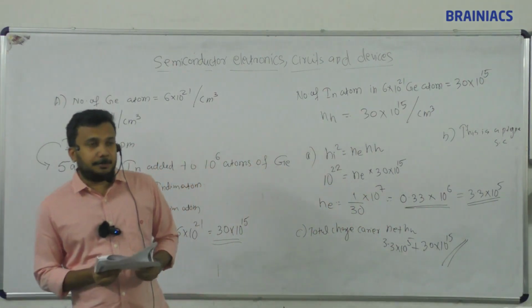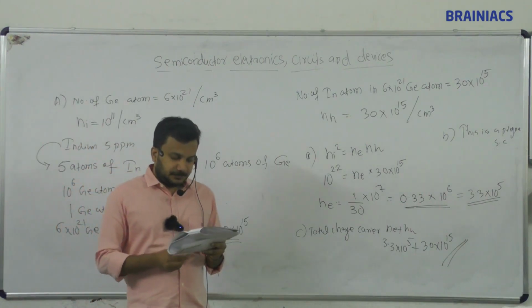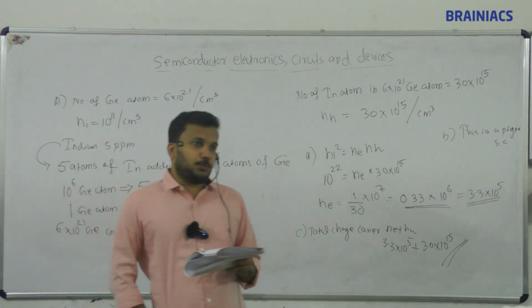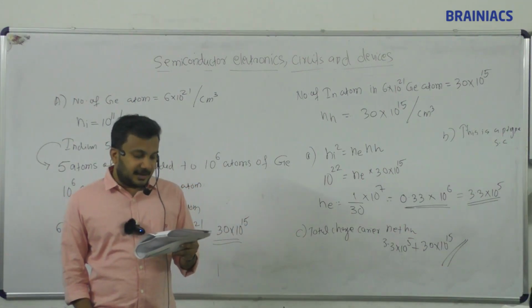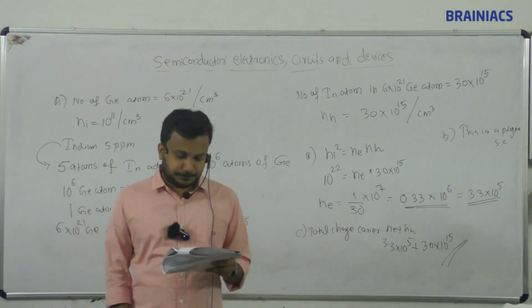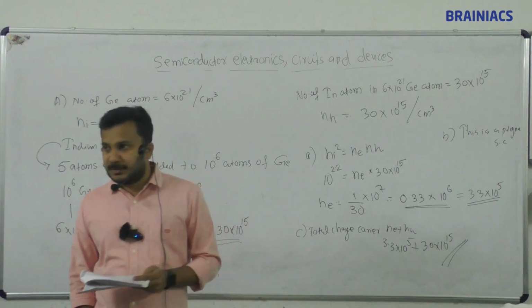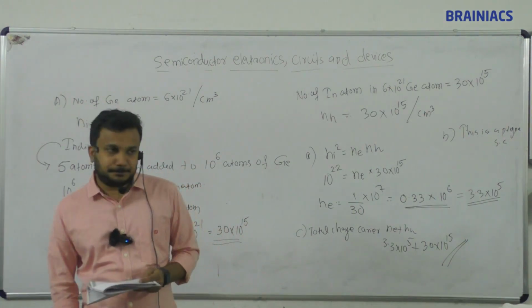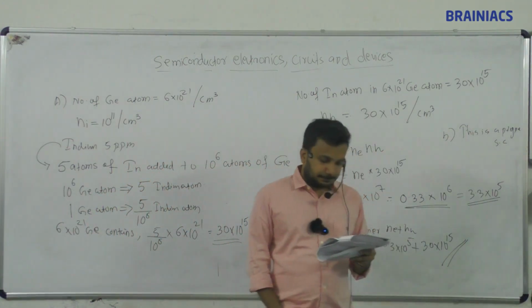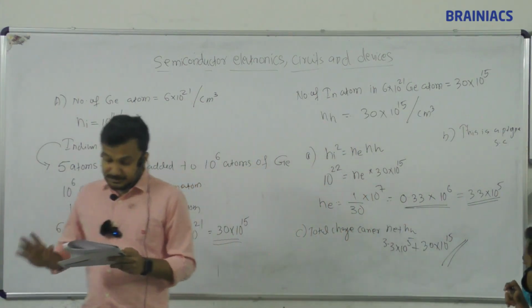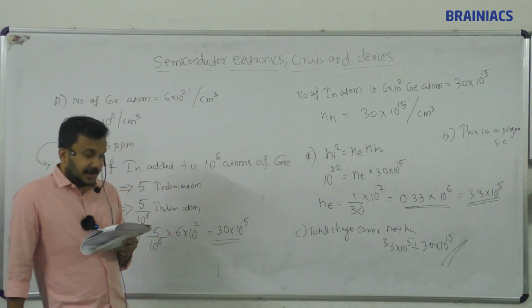Antimony is doped into silicon atoms. Assume that antimony is doped into silicon atoms.